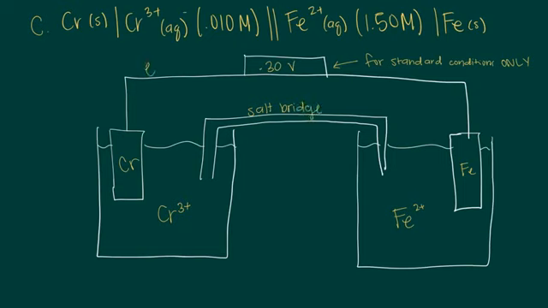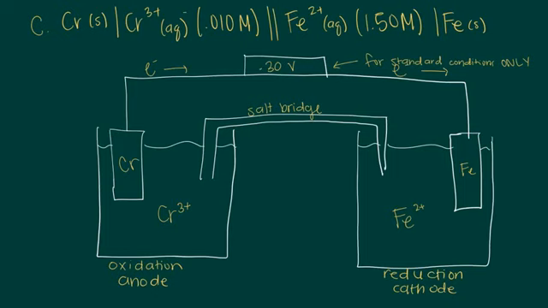The electrons should be flowing to the right. So, as we determined earlier, the left side was where oxidation occurred, and the right side was where the reduction occurred. And oxidation contains the anode, while reduction contains the cathode.